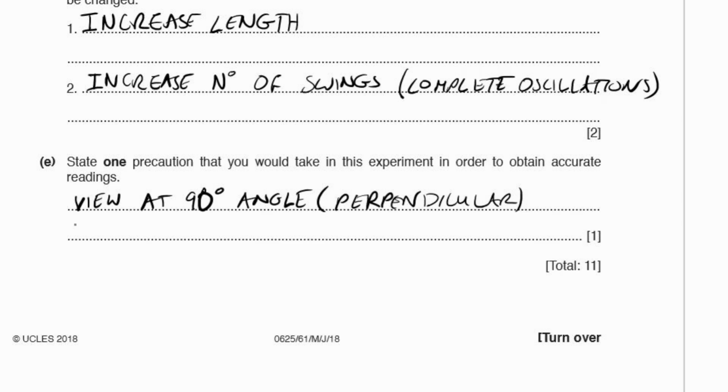And another possible thing you could do, use a fiducial mark. Put a little sticky bit of paper, maybe onto the clamp stand, so it's clearer when it's passing by.